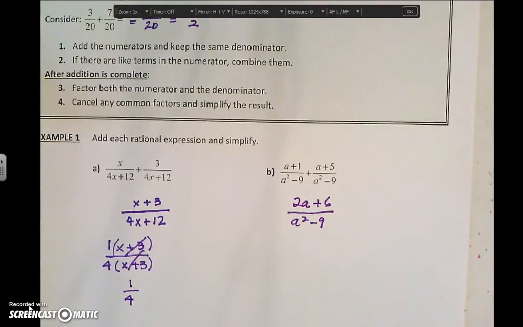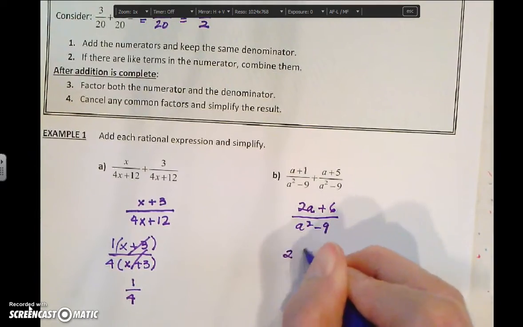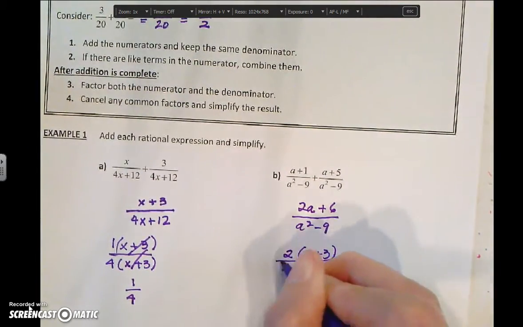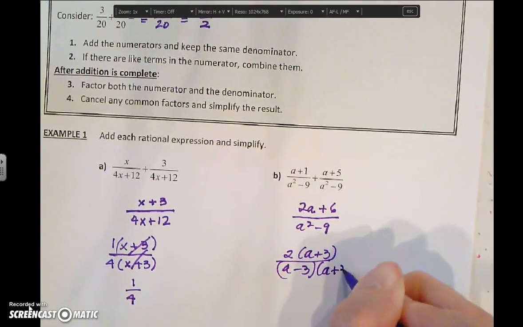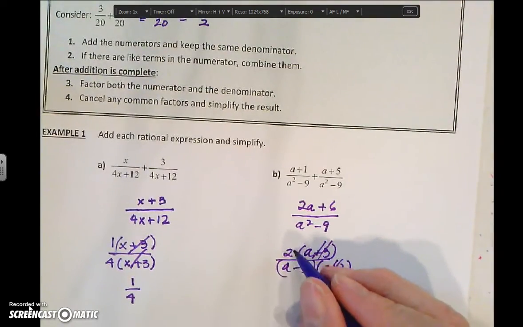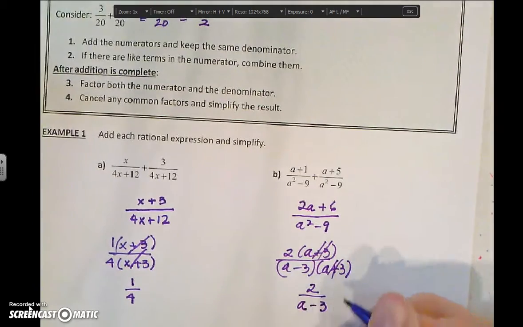So once I add my numerators, then I'm ready to factor. So I have 2 times a plus 3 over a minus 3, a plus 3. The a plus 3's are in common, so my final answer is going to be 2 over a minus 3.